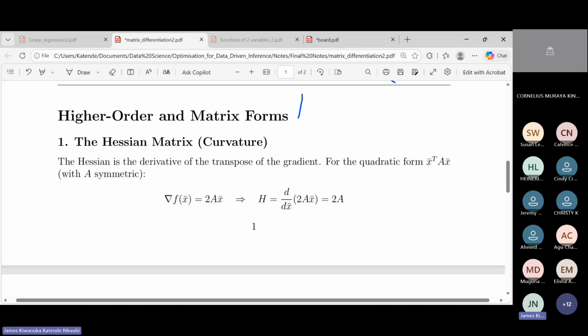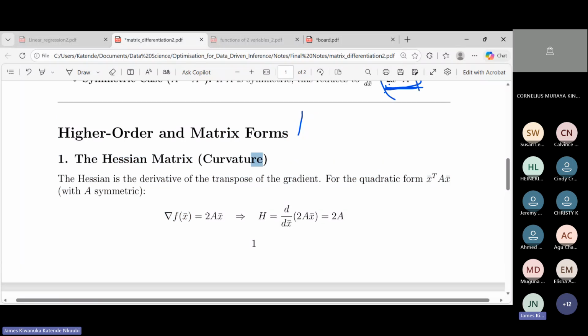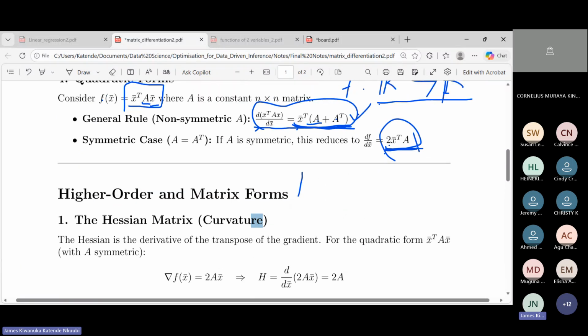Now you will notice a bit of a difference. Here we are getting the gradient, and up here we had the derivative. Remember the first derivative is just the transpose of a gradient. So if you get the gradient, you instead get the transpose of this. If A is symmetric, then the transpose of A is equal to A, so this won't change.